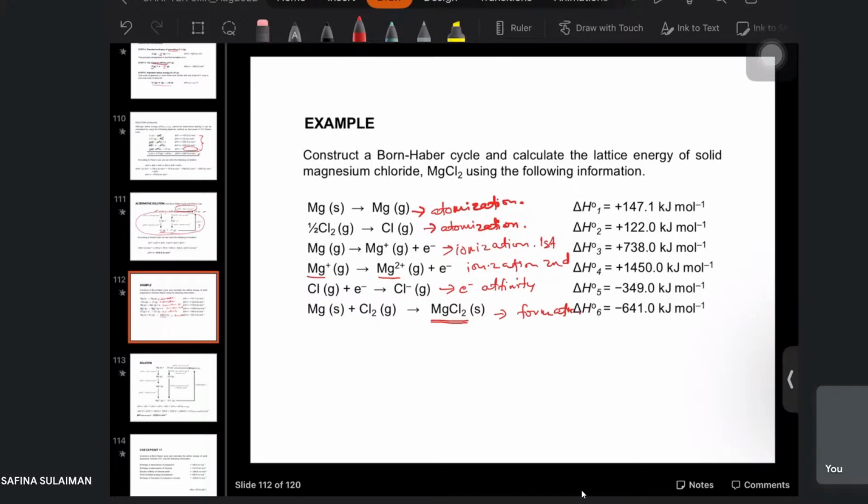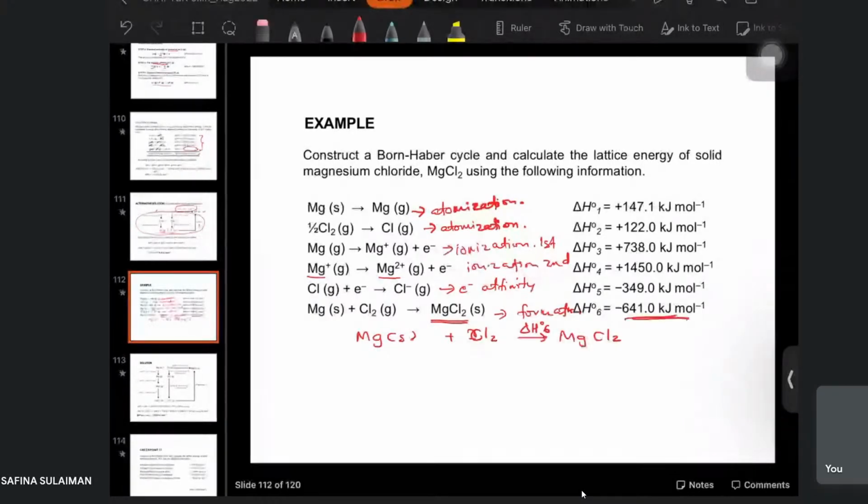Okay, so first kali ialah you tuliskan equation untuk formation. Okay, Mg, Cl2. So this one is delta H naught number 6 lah, this one.